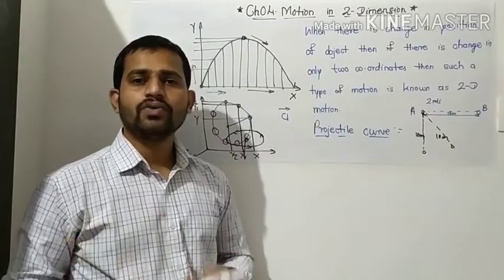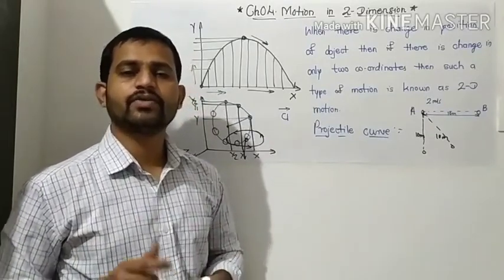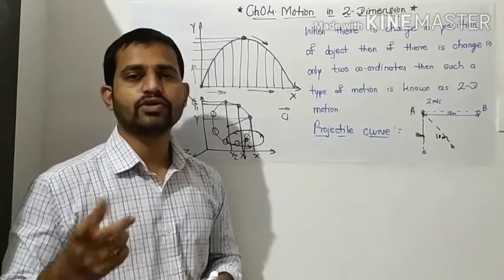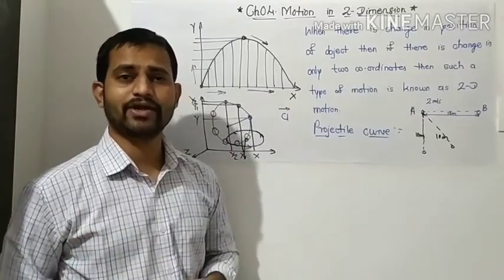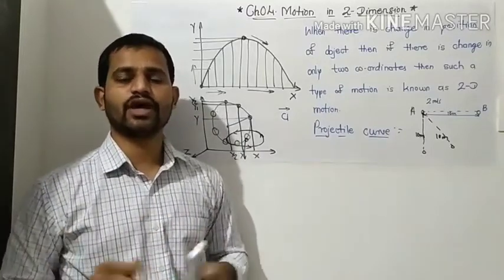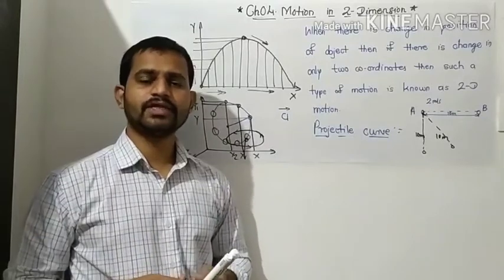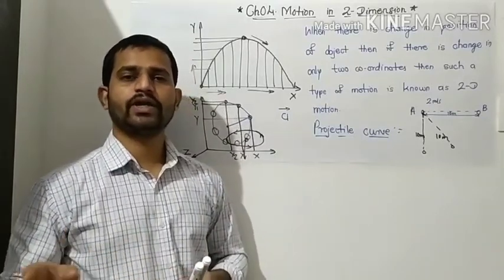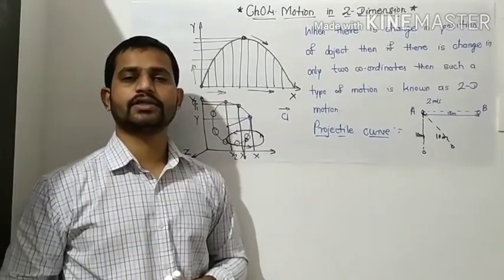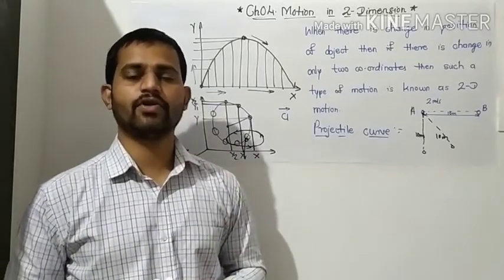Also, how is the vector represented geometrically? For that purpose we have to show both the direction as well as the magnitude, and magnitude is given in terms of the length of the arrow. Suppose I have to indicate a velocity of 1 meter per second. How to indicate it?